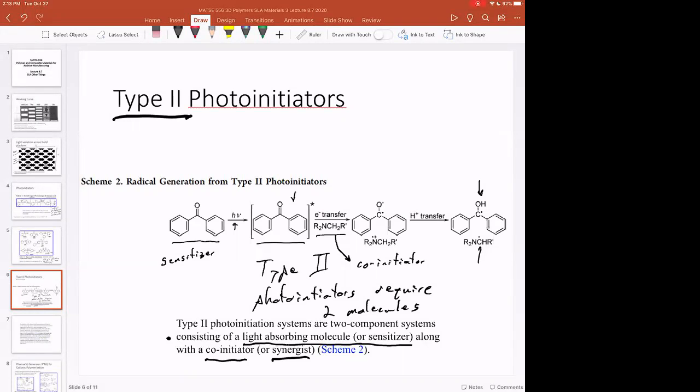So again, let me find my stencil here, or my pen. This is radical photoinitiation of acrylate and methacrylates.